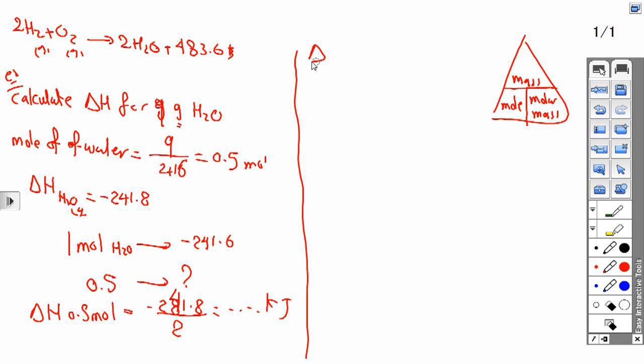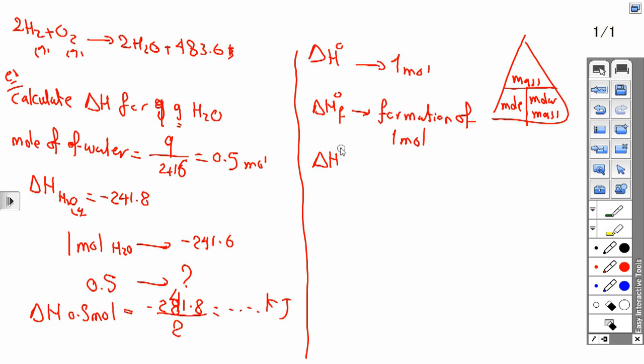Delta H node, this means molar enthalpy change. And this is for 1 mole. Delta H node F, this is formation of 1 mole. The enthalpy of formation of 1 mole.